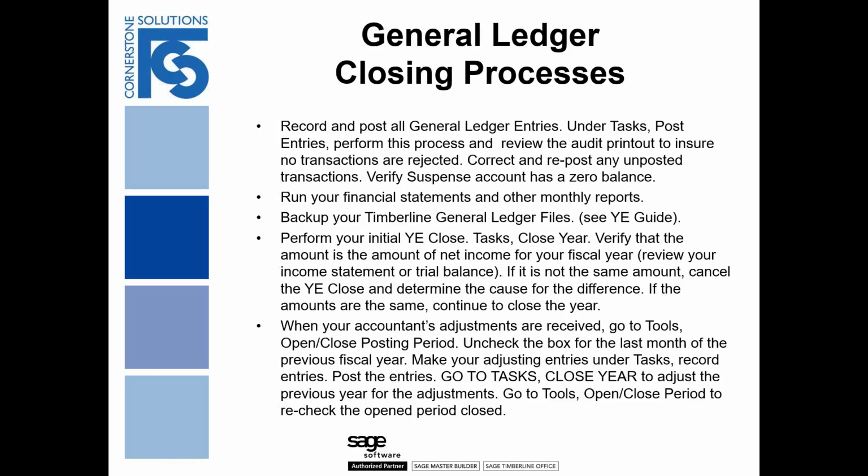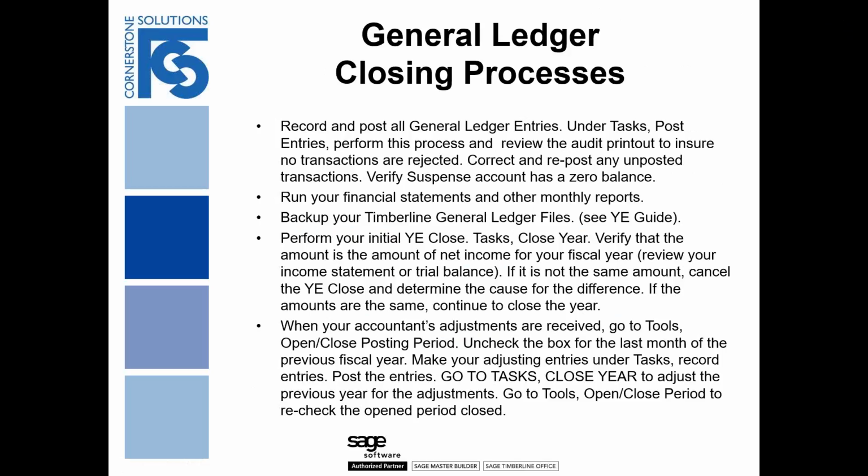Okay? Now, let's talk about the timing of when we close general ledger. The general ledger year can be closed really whenever you're ready, meaning that if the first week in January you're ready to close December and move into January, go ahead and do it. If you want to wait until the end of January to close December, that's fine too.